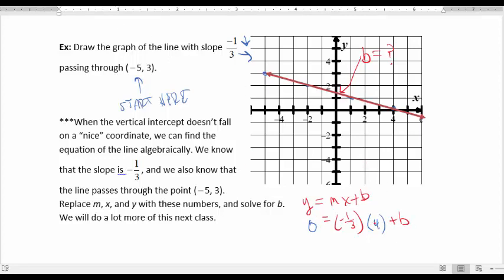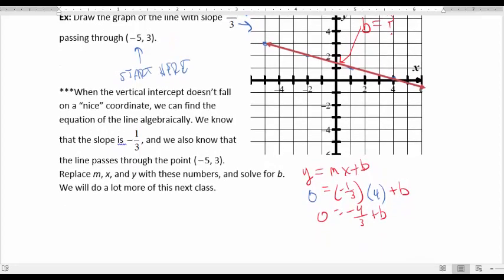So -1/3 times 4 is going to be -4/3 plus b equals 0. And then all we have to do now is add 4/3 to both sides. And there's our b value. So b is just going to be 4/3.